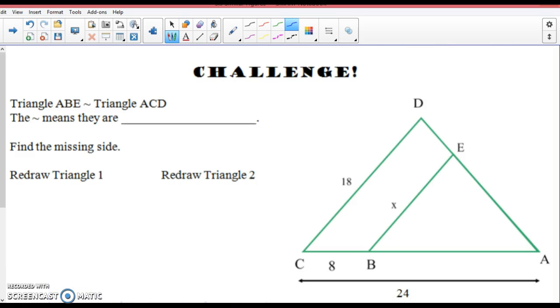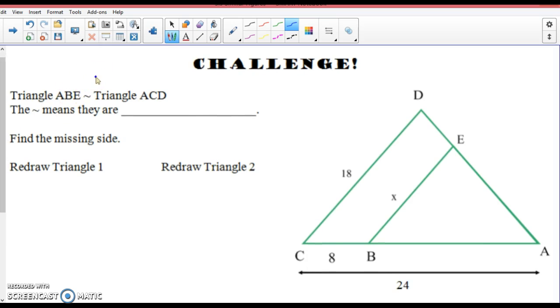Okay, triangle ABE, this little symbol right here is similar, triangle ACD. The squiggle means they are similar.